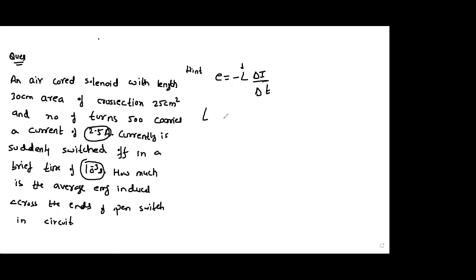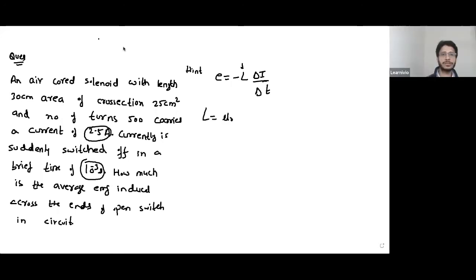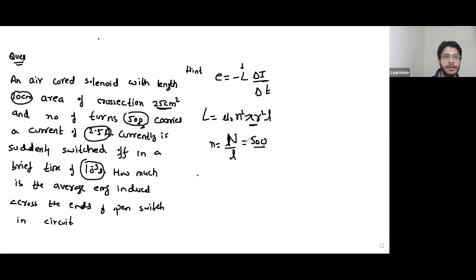For L, you can use the relation that we derived yesterday, mu naught n square pi r square L. If I take small n, that's the total number of turns by length, which is 500 divided by the total length, that's basically 30 centimeter, which is 0.3 meter.